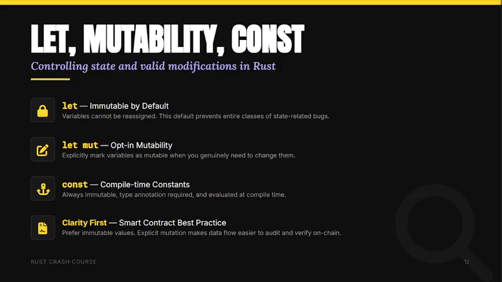Clarity first. Smart contract best practice: prefer immutable values. When you're writing on-chain logic, explicit mutation makes your data flow easier to audit and verify. An auditor reading your code should immediately be able to see what changes and what doesn't.